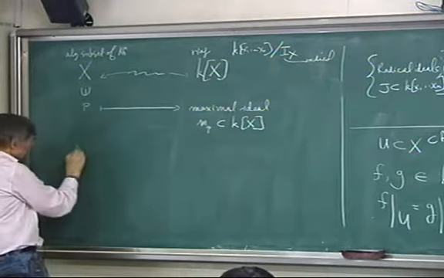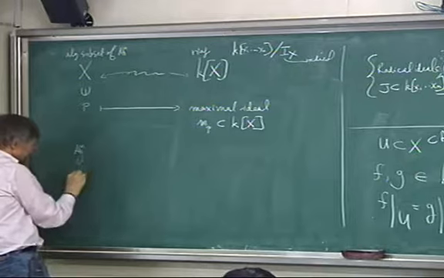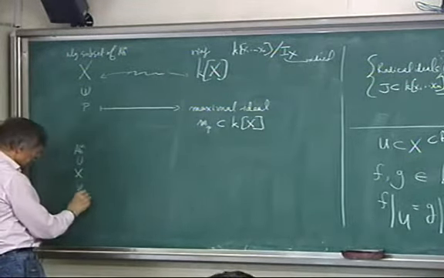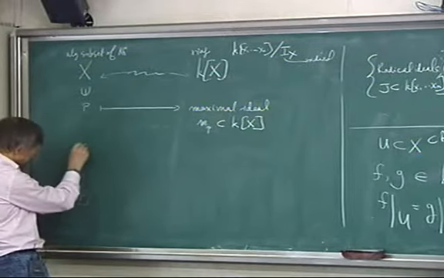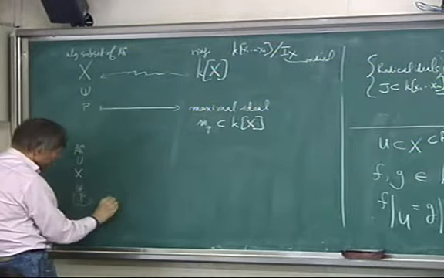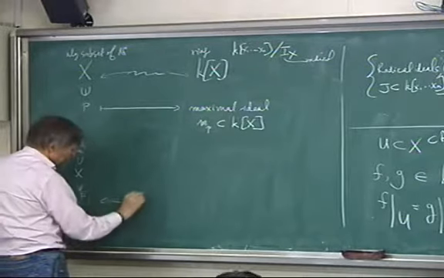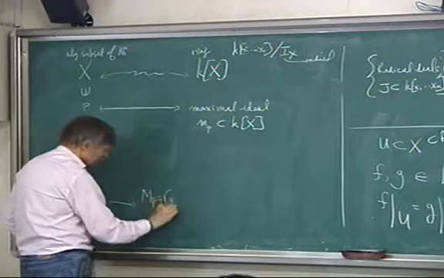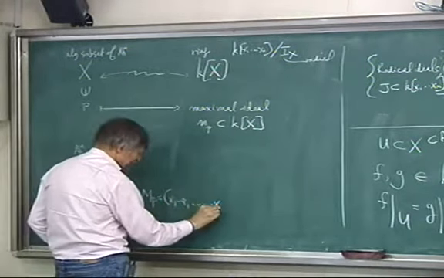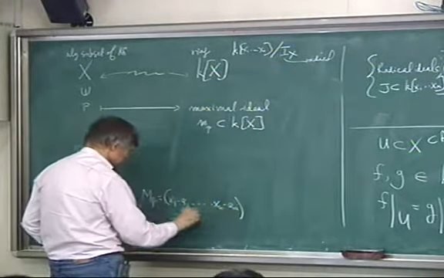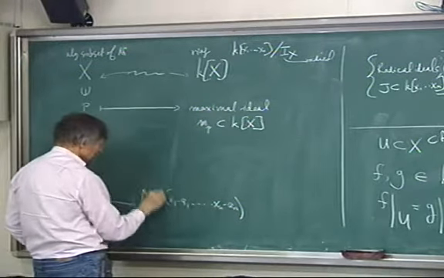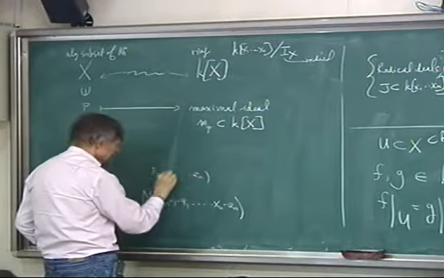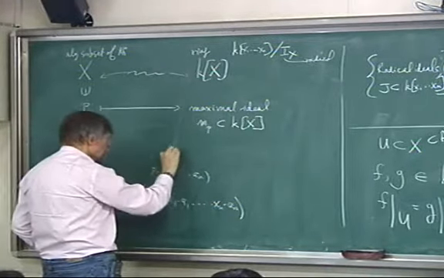So I had AN, and AN contains X, and X contains the point P. Right. So this point P is some point in AN, and so it corresponds to the maximal ideal MP, generated by X1 minus A1 up to Xn minus An, where P is A1 up to An contained in AN.